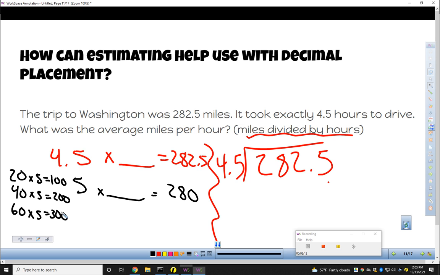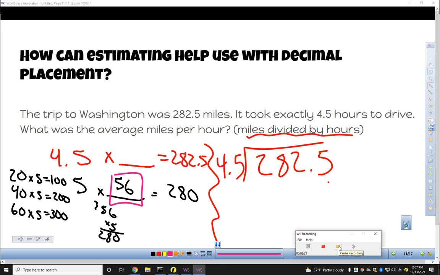So I know it's somewhere between 40 and 60. The actual answer here is 56. 56 times 5 is 280. I know my answer to this long division problem is going to be close to 56.